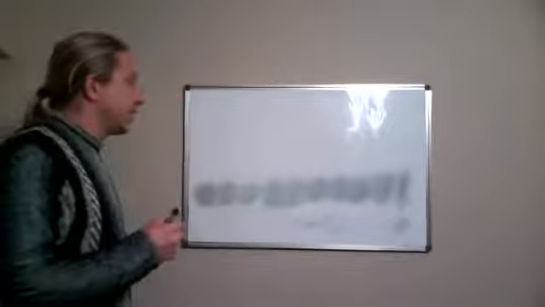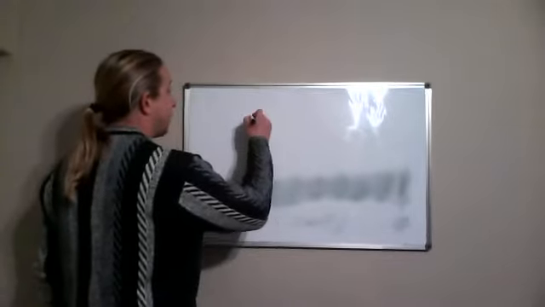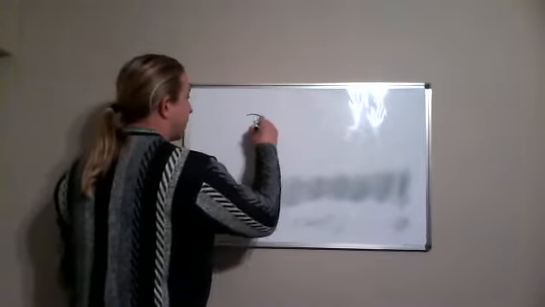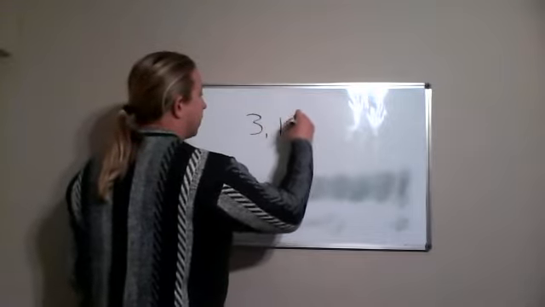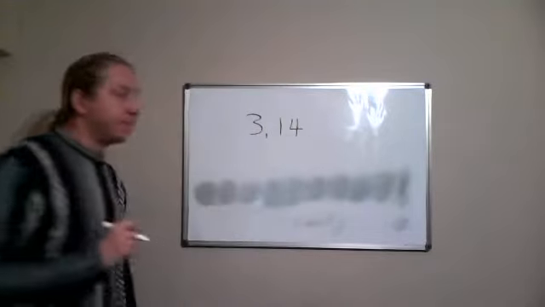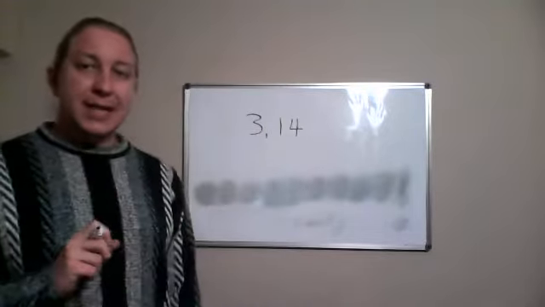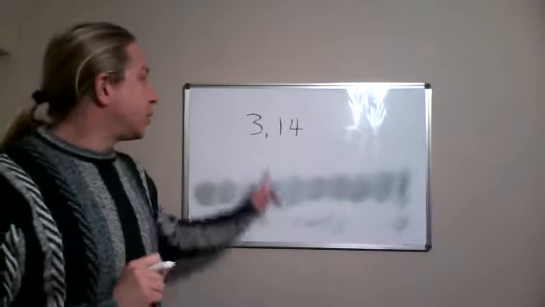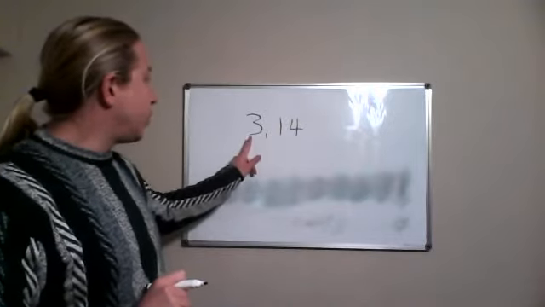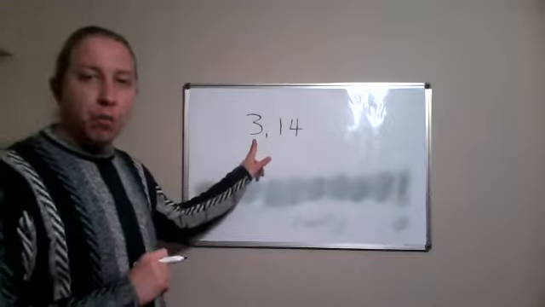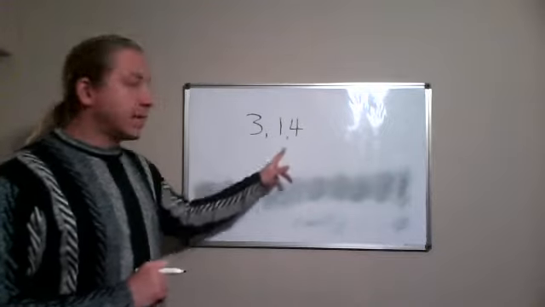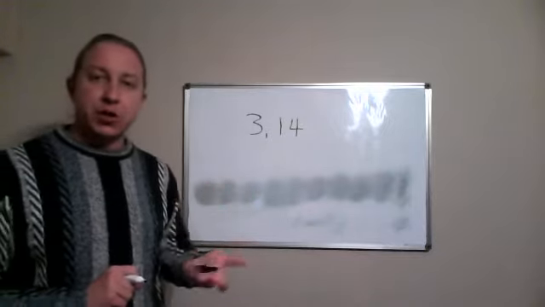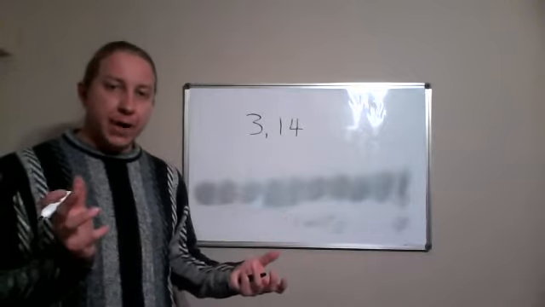Okay, so let me just explain what they mean by that, right? So let's say we have a number 3.14, okay? So this is a decimal fraction, right? To the left of our comma, we have the whole parts. So think of this as a mixed number as common fraction. It had the whole part and it had the fraction part.